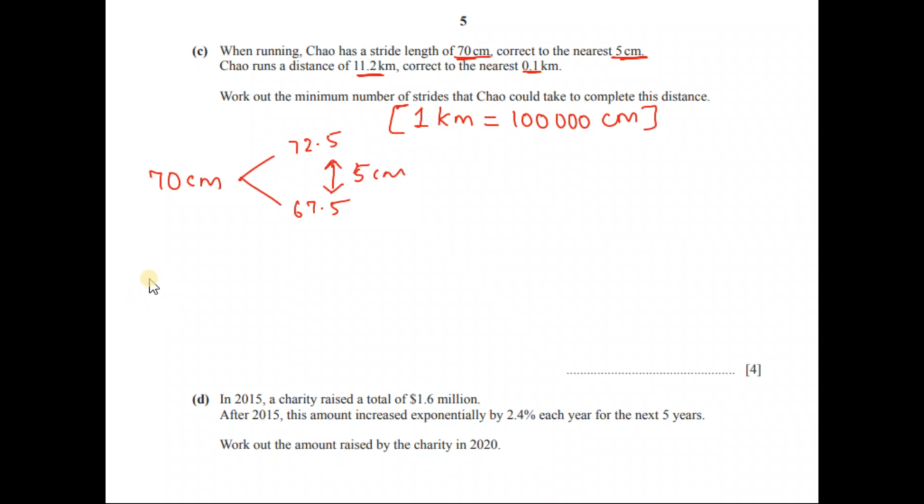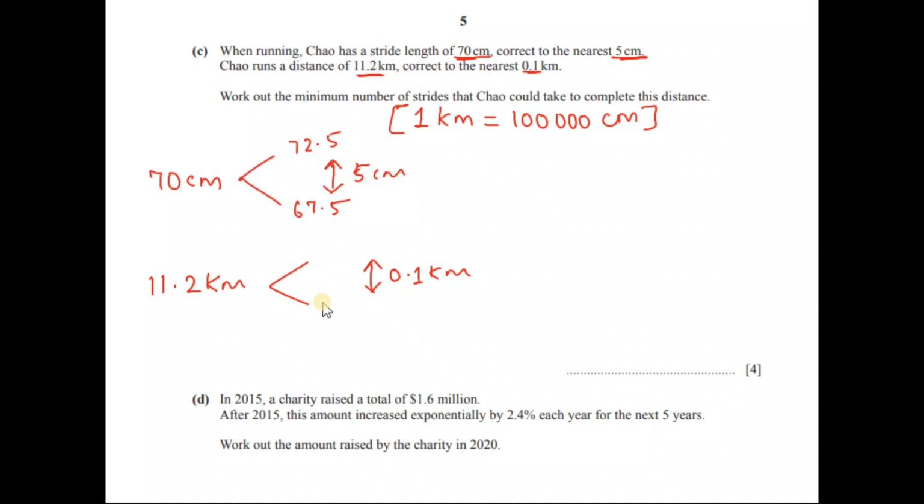Then there's another one. Chow runs a distance of 11.2 kilometers. Now we have to work on the upper and lower bound of this, which is correct to the nearest 0.1 kilometer.